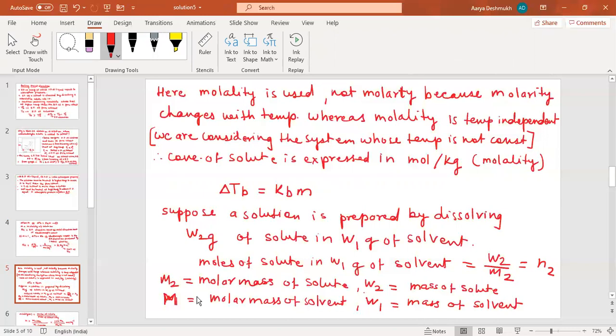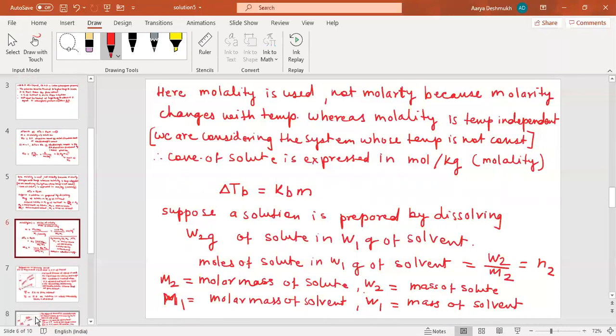What is this M2 here? M2 is the molar mass of solute, and W2 is the mass of solute. This M1 is the molar mass of solvent, and this W1 is the mass of solvent. Now the next slide will go.